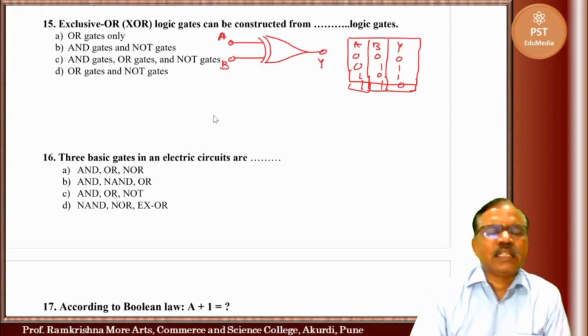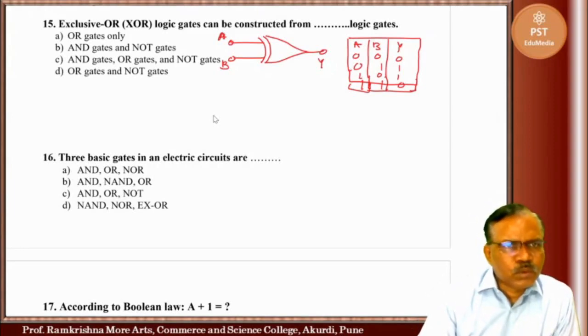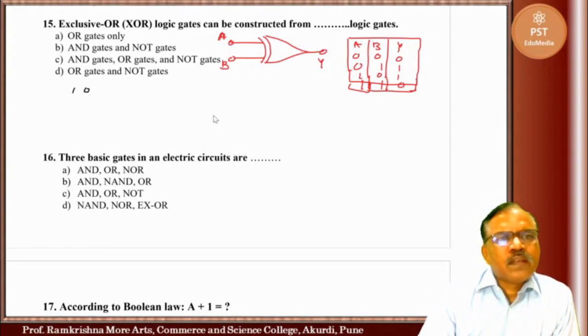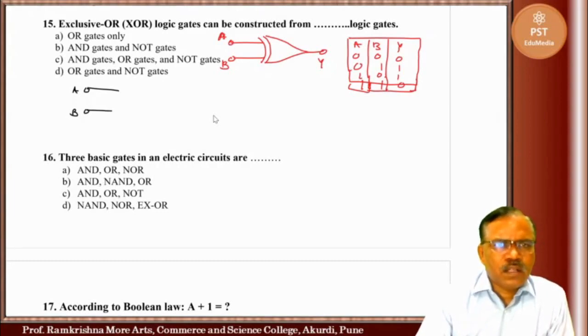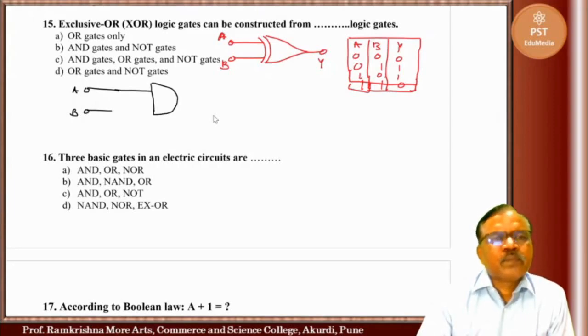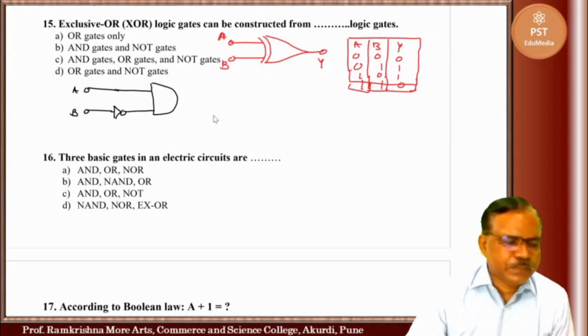Now it is constructed like this. So suppose we have here A and B, these are two inputs. Then we take here NAND gate. Here we use NOT gate.